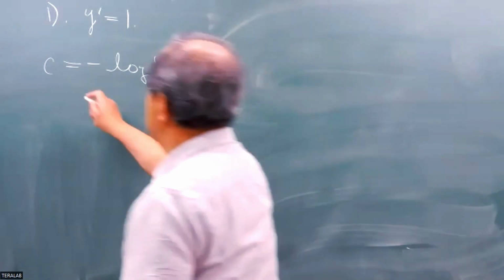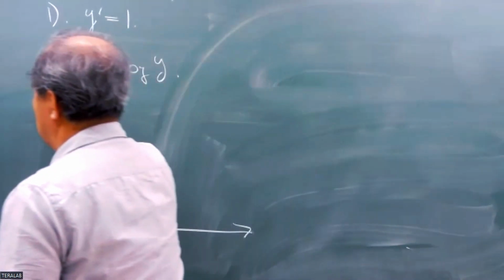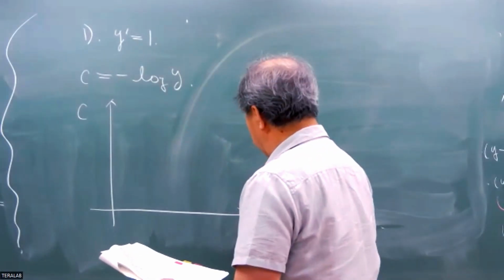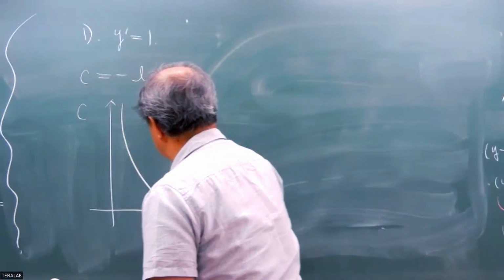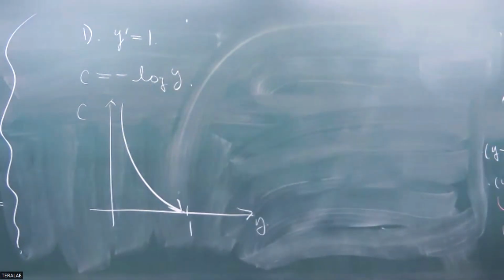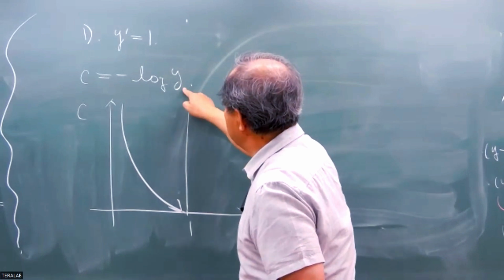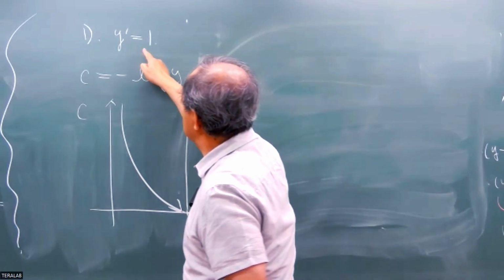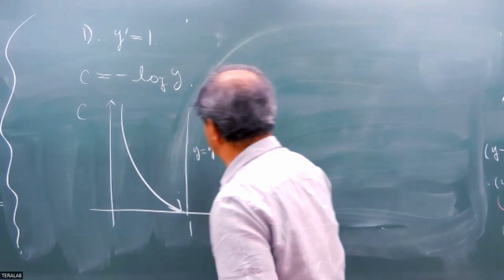And then this cost function, with the function of y, is becoming like that. If y is equal to 1, that is the condition. This is the condition y dash is equal to 1.